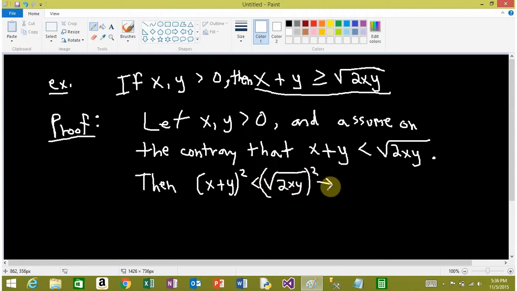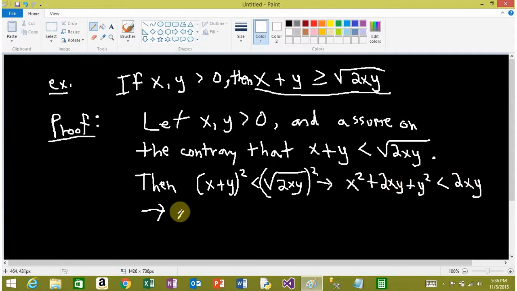And that's going to imply that we have x squared plus 2xy plus y squared is less than 2xy. And then you see the 2xy's are going to cancel if you subtract both sides, and then you're going to have x squared plus y squared is less than 0.